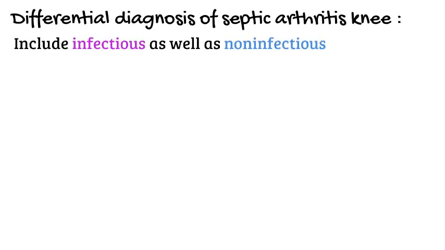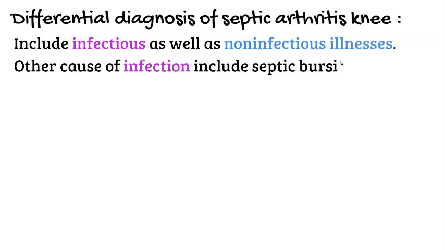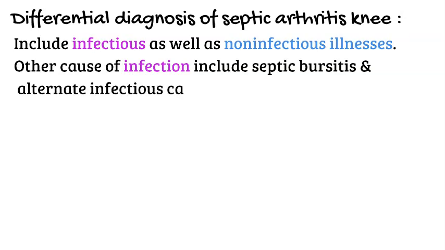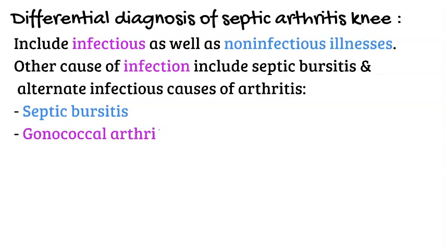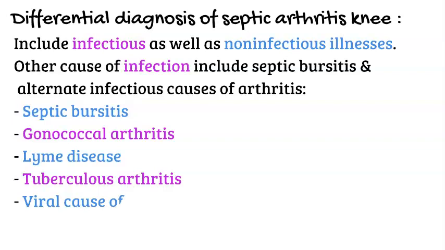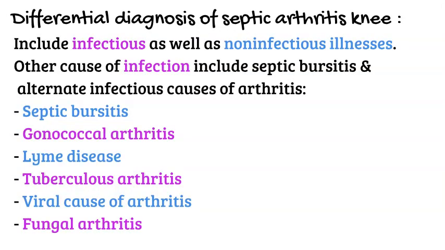The differential diagnosis of septic arthritis of the knee includes infectious as well as non-infectious illnesses. Other causes of infection include septic bursitis and alternate infectious causes of arthritis. These include septic bursitis, gonococcal arthritis, Lyme disease, tuberculous arthritis, viral causes of arthritis, fungal arthritis.